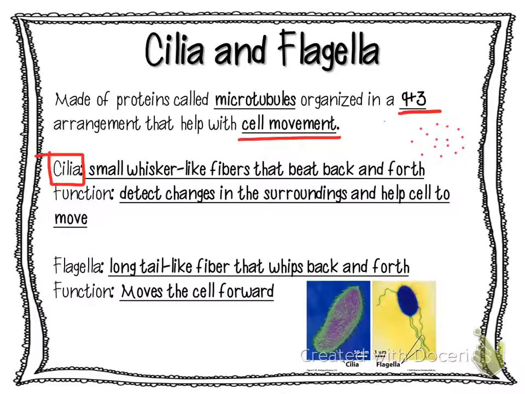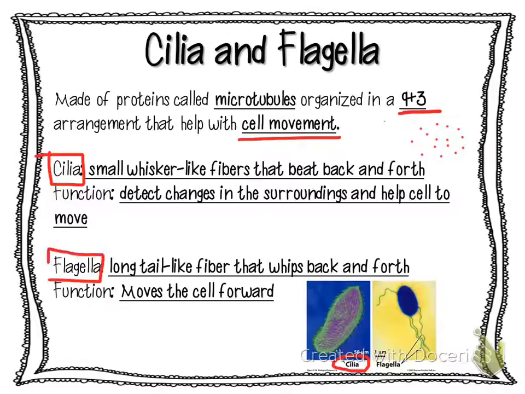They are the small whisker-like fibers that beat back and forth. So they're like really small hairs on the edge of the cell. If you look down here at the bottom of the screen, you can see these little green fibers coming off the cell on the left, those would be cilia. They allow the cell to detect changes in the surroundings and also help the cell to move.